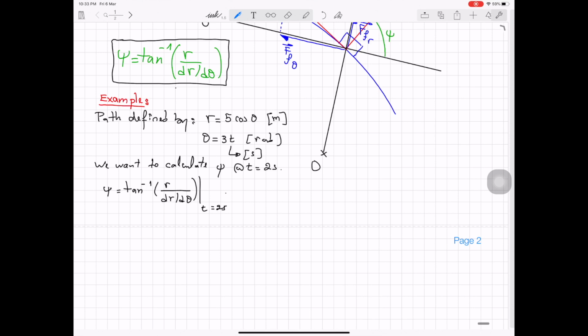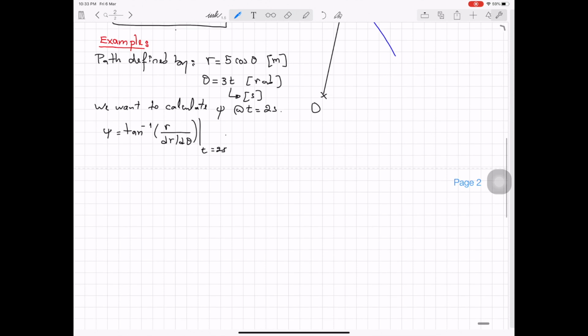So to solve this exercise, we need to calculate theta first.